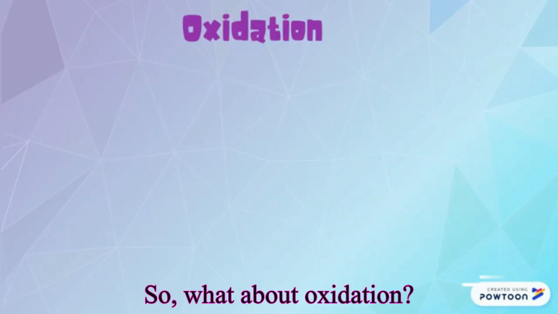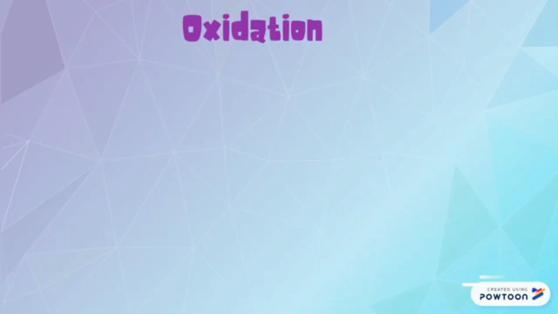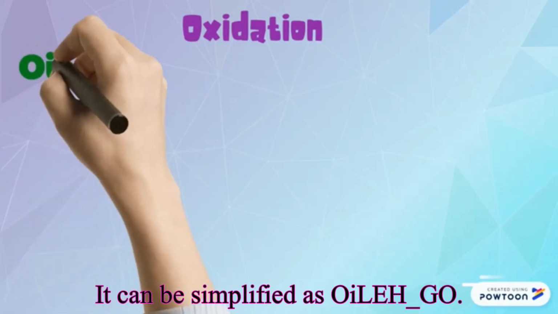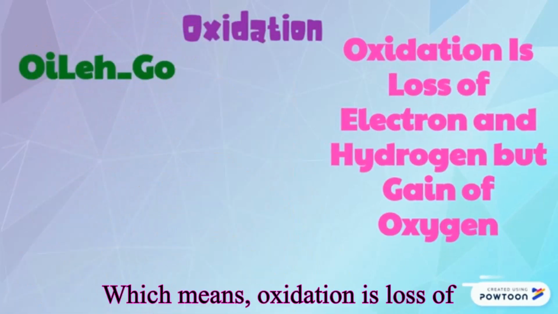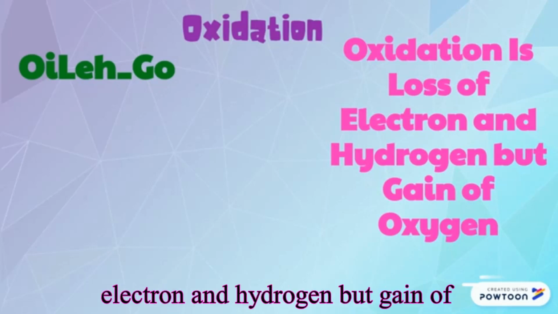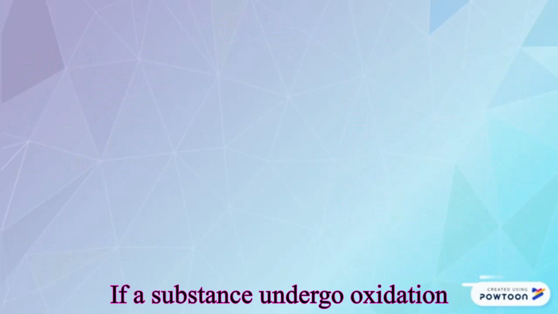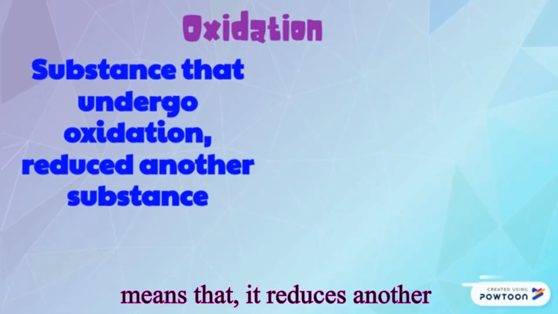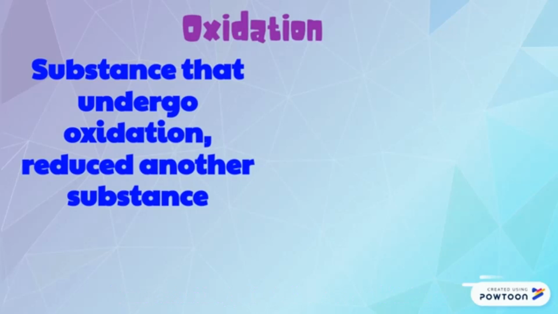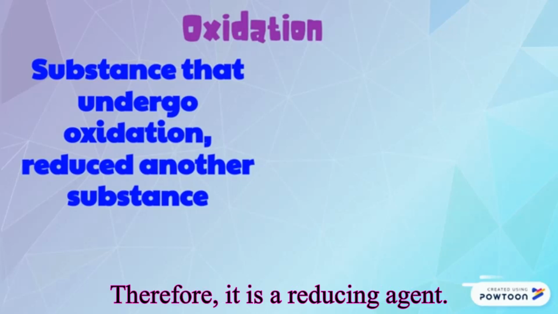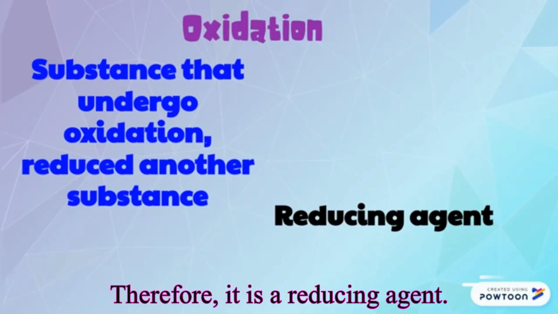So what about oxidation? It can be simplified as Euler-Go, which means oxidation is loss of electron and hydrogen, but gain of oxygen. If a substance undergoes oxidation, means that it reduces another substance. Therefore, it is a reducing agent.